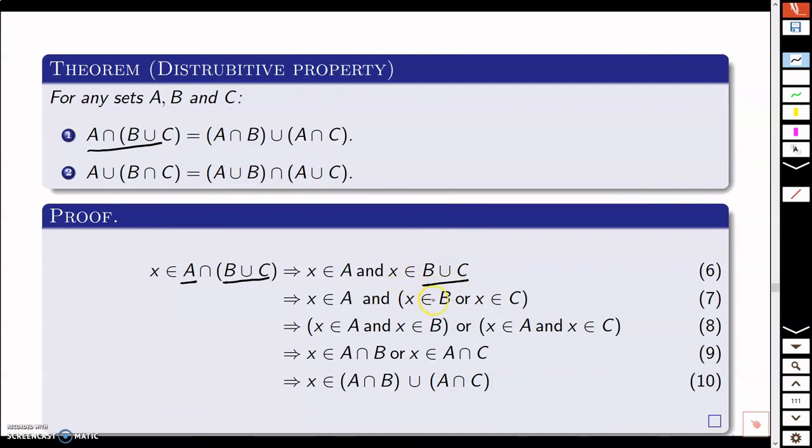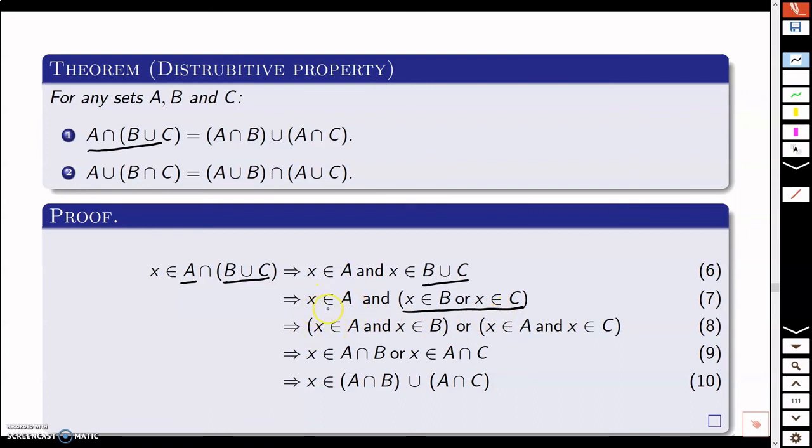X is either there in B or X is there in C. So you can split it up this way. So finally I have X is there in A and X is there in one of B and C. Now there are two possible cases here. X is definitely in A. So the first case is X is there in A and X is there in B, or X is there in A and X is there in C. These are the two possibilities.